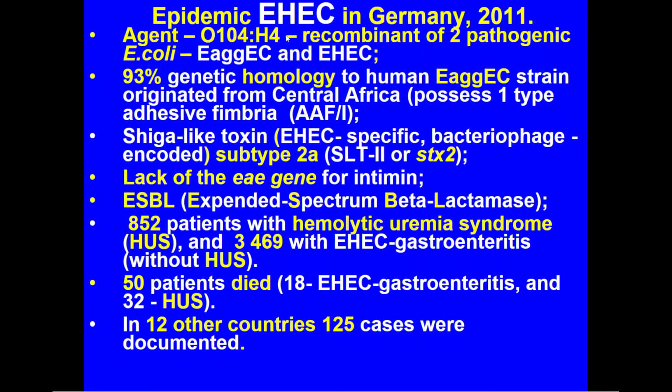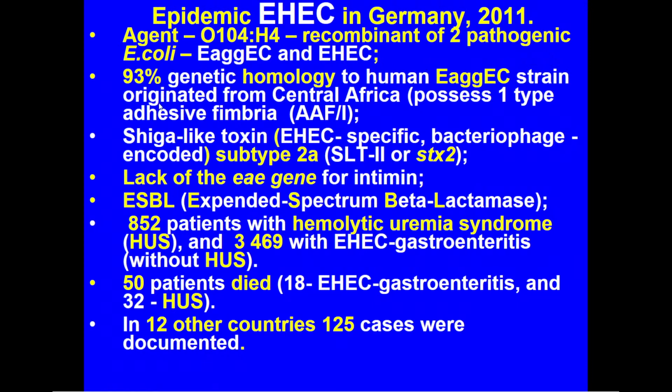This type of Escherichia even caused a very severe outbreak in 2011 in Europe, in several countries like France, Spain, United Kingdom, Germany. In this outbreak, the agent found was a recombinant of two pathogenic E. coli, enteroaggregative and enterohemorrhagic.